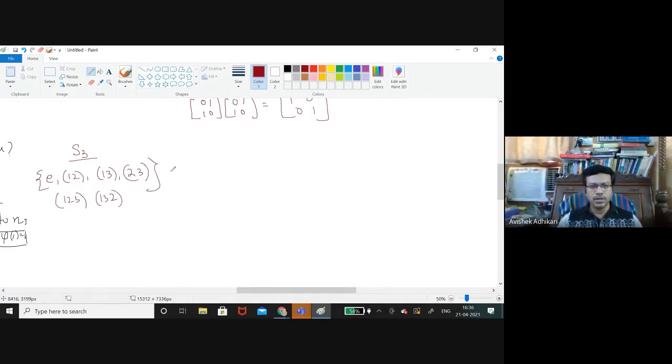Okay. Then we have also seen D3, dihedral group, in a different way.